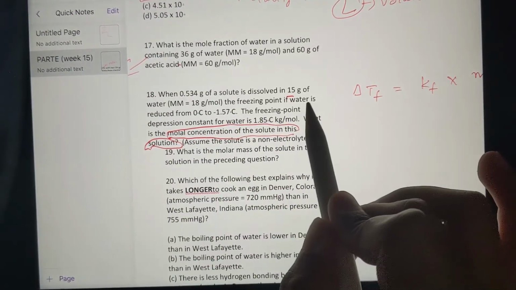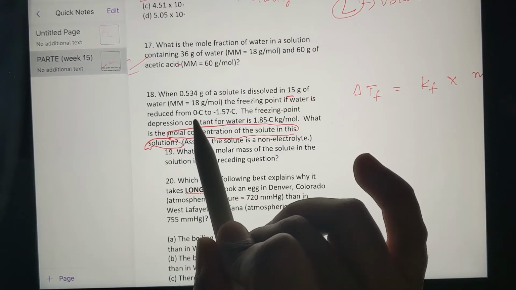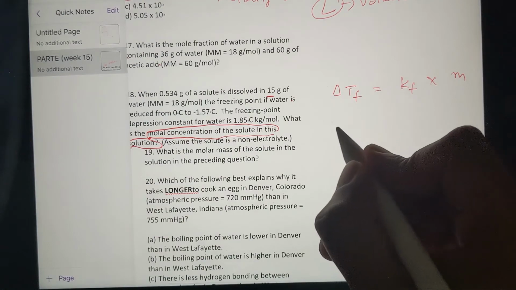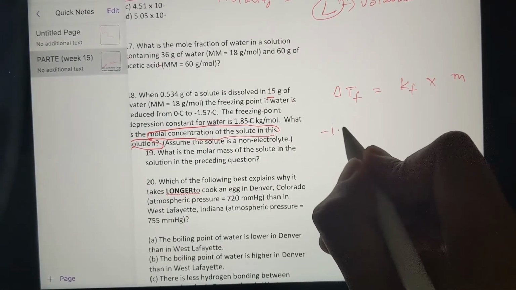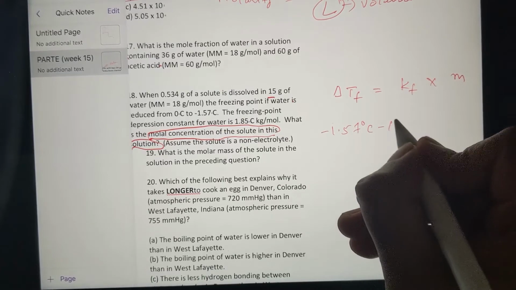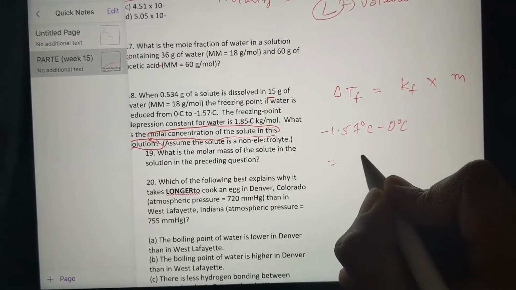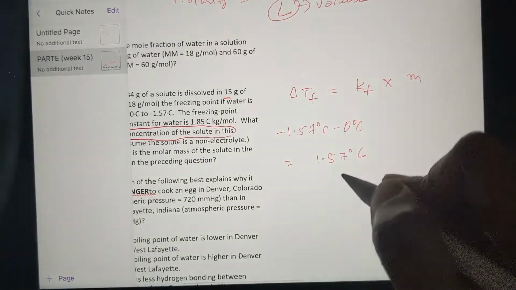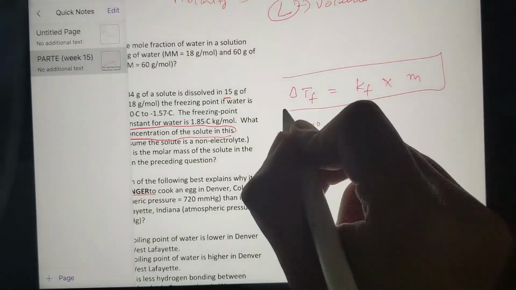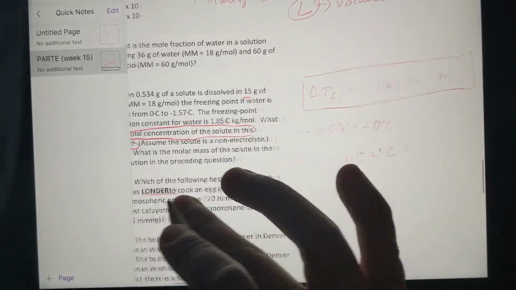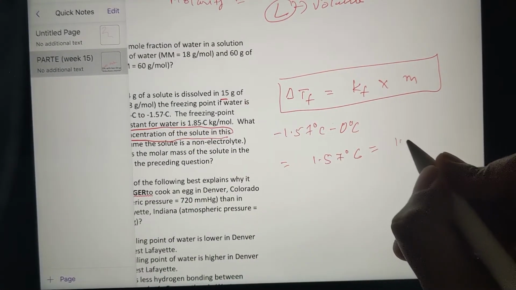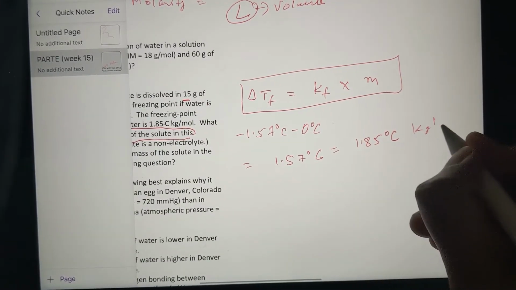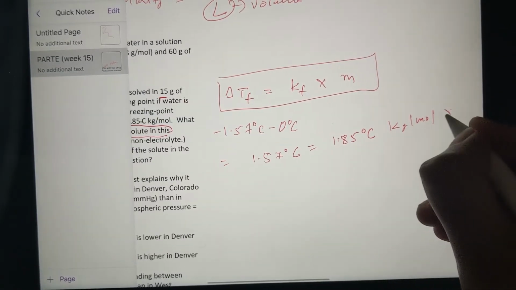Okay, so the freezing point is changing from 0 to minus 1.57, so the change is 1.57 degrees centigrade. So we just put all the values in this equation. It's going to be 1.57 equals KF, 1.85, into m.